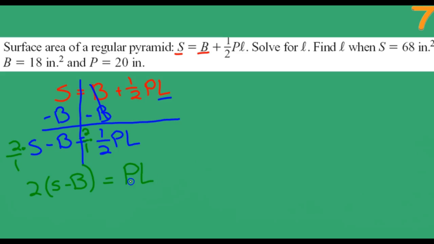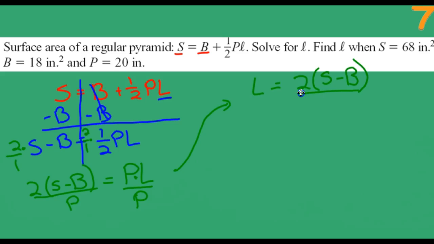Now the P is touching the L, so it's multiplied. So we divide by P to get L by itself. So our new equation then is L equals 2 times S minus B divided by P.